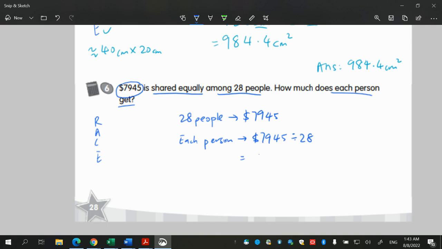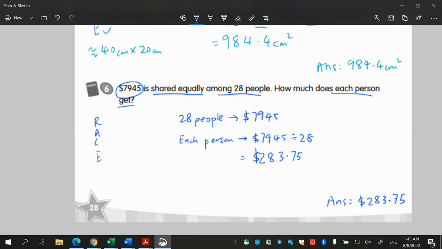Okay, I hope you are able to find the answer without too much of a problem. One of the problems is when you're pressing the calculator, if you're not careful with the operation, or the transfer of the numbers from the question to the working to the calculator and back to the paper as you're writing.